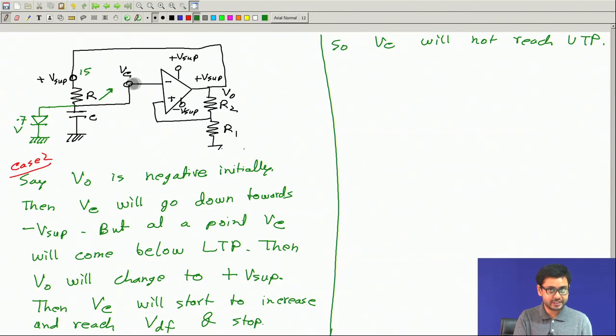So, we will not reach the upper trigger point here. So, output will remain positive. So, positive output is a stable output. Once we are in positive output, we will remain there forever. But if we by chance go to negative output ever, that is not stable, the output will become positive very soon.